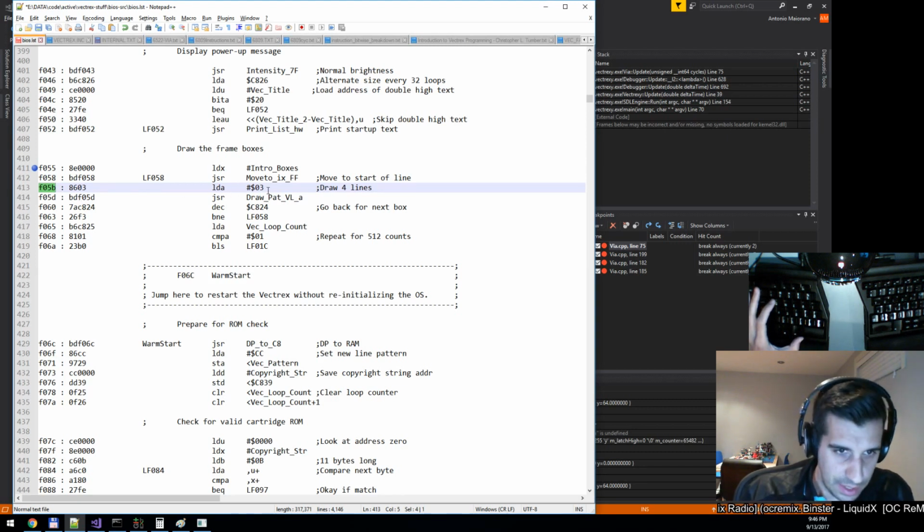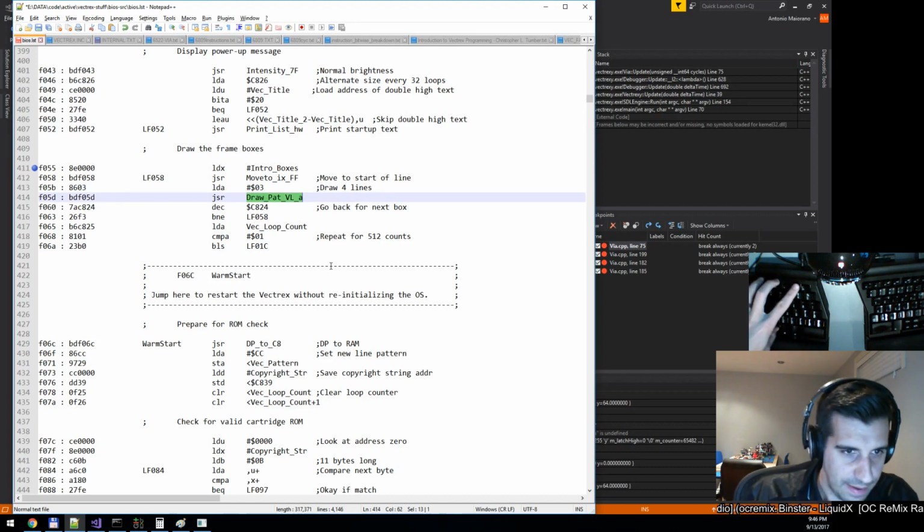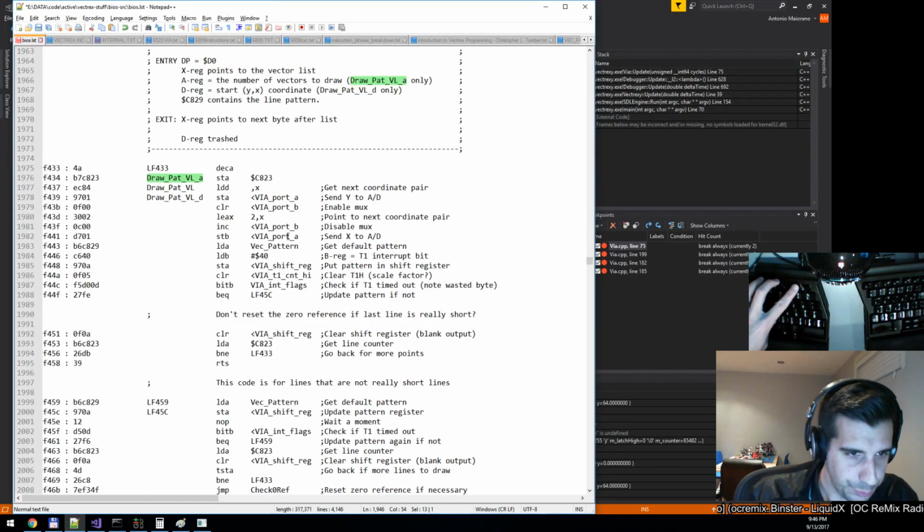So now, let's again go for the gold. We want to go into draw pattern VLA. So we're going to end up in this code, right? Now let's let it do all the stuff here up until it loads the pattern into the shift register. So let's actually stop right there and see.